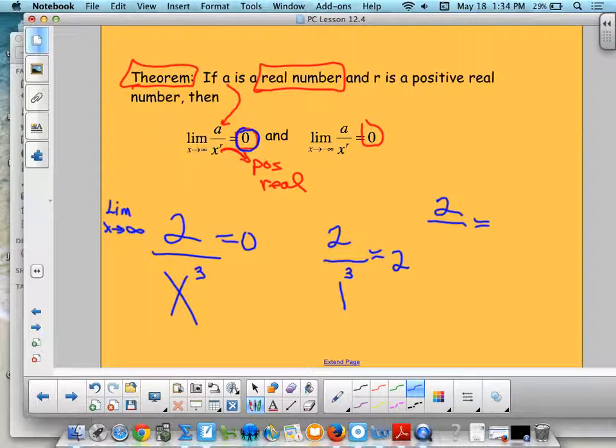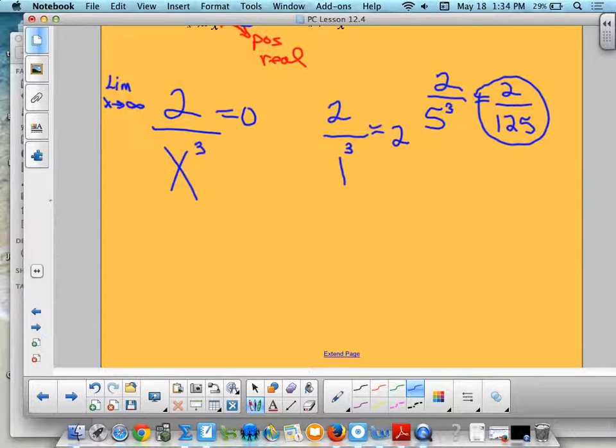Okay, let's go a little faster. 5. Okay, 5 cubed. Guess what? Now you get 2 over what? 125. Now you're already down to 2 over 125. You all should know that number is very close to 0.